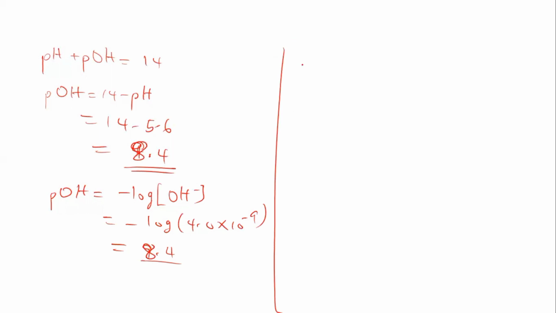Now, if Ka is 1.85 times 10 to the power minus 5, and you have to find pKa, how do you do that? Now, from the earlier discussion, you can see this P in chemistry, this small letter P means minus log.